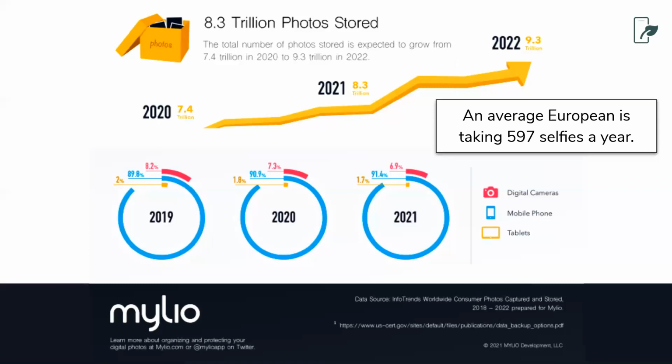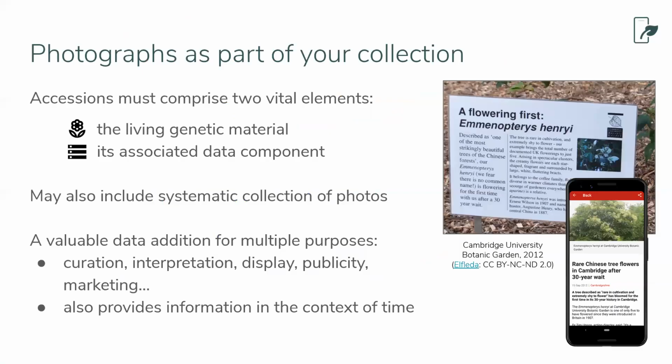So when it comes to photographs as part of your collection, your accessions, they'll have two main components. The first one, of course, is the living collection, the living material of your plant. And the second component will be the data that's associated with it.